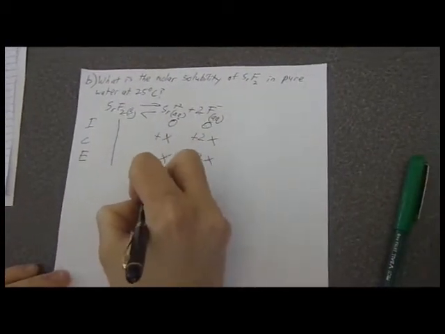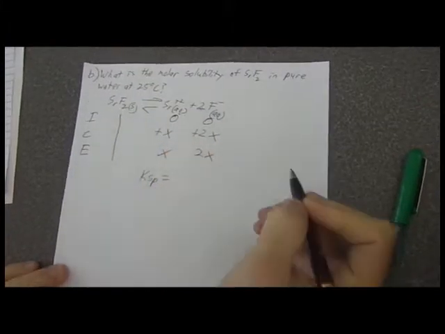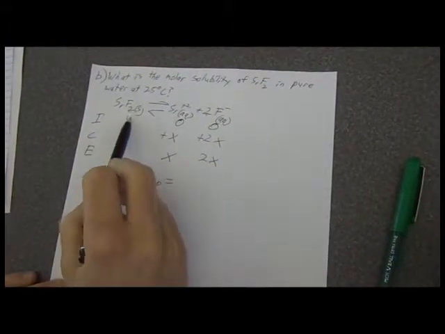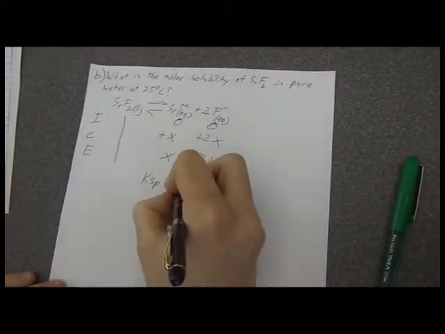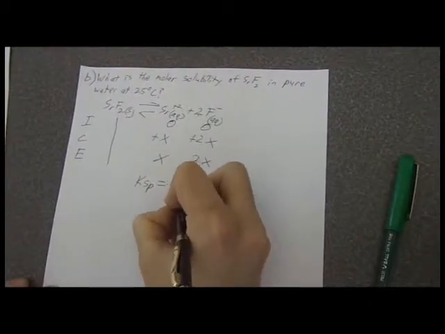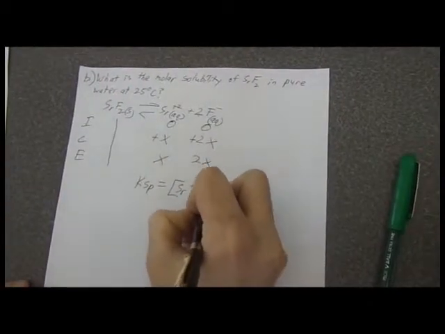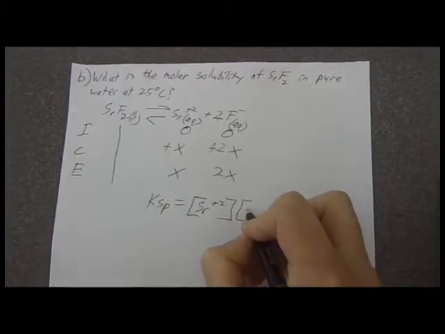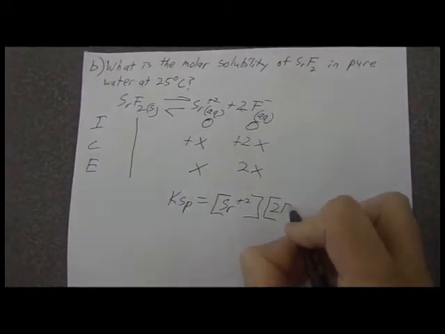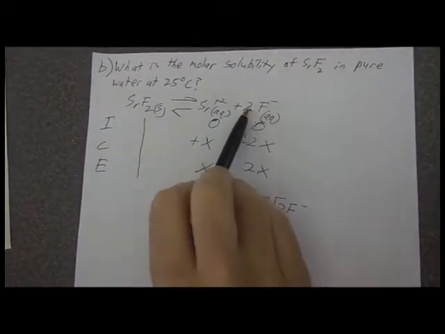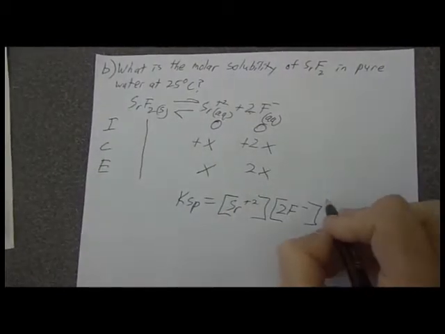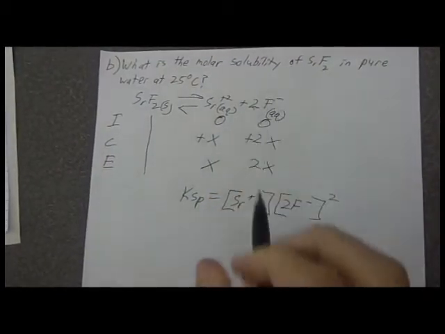Now write your Ksp equation, which is products over reactants. But the reactant is a solid, so we omit it. So we have Ksp equals concentration of Sr plus 2 times the concentration of F negative, because we have a 2 coefficient here, and we also have to square this because of the coefficient.